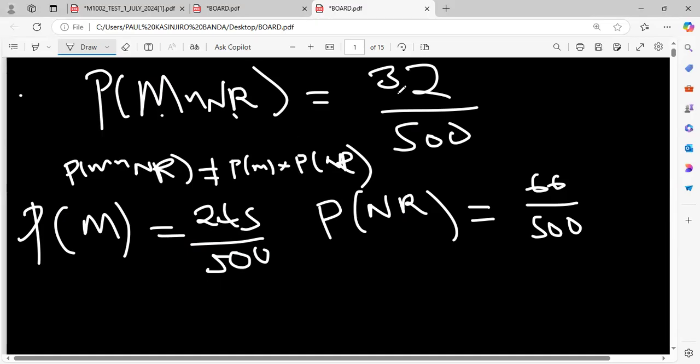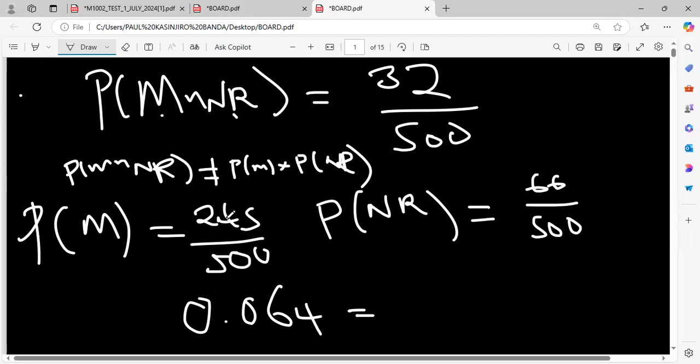So the probability of man intersection no response is 32 over 500, and 32 divided by 500 gives me 0.064. Is this equal to the probability of this one multiplied by the probability of that one?